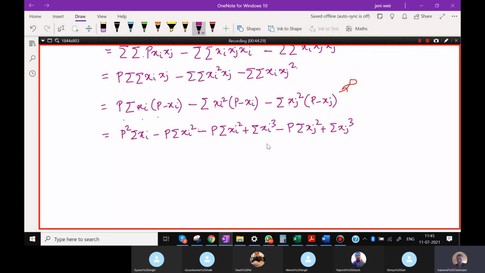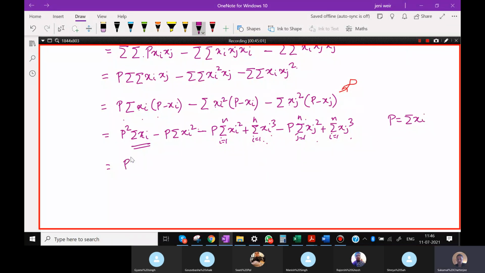Now the sum of all the cubes will be the same regardless whether I consider i or j, because this also runs from 1 to n, this also runs from 1 to n. So these two would be the same. Similarly, the sum of the squares will be the same, i equal to 1 to n, j equal to 1 to n. And the sum of xi is nothing but p.